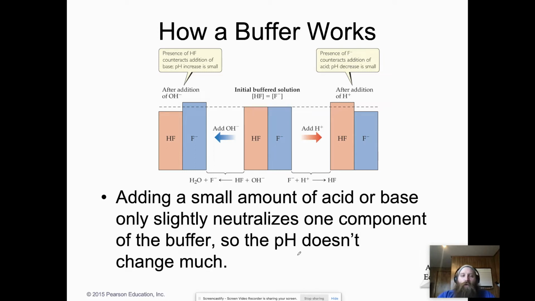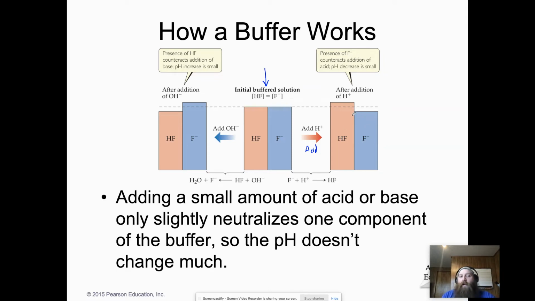And so when you have your initial buffered solution, look at this picture here. Here's our initial buffered solution. And in this one, we're using HF. So the concentration of HF is equal to the concentration of F minus. So if I add some acid, well, there is a little bit of F minus in solution, because that concentration is there.